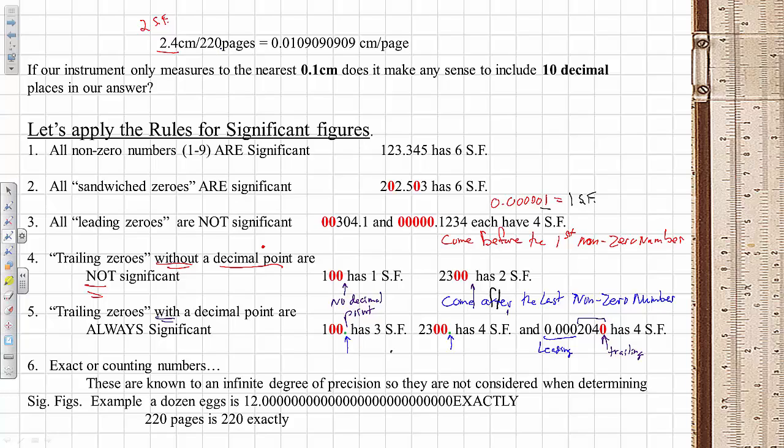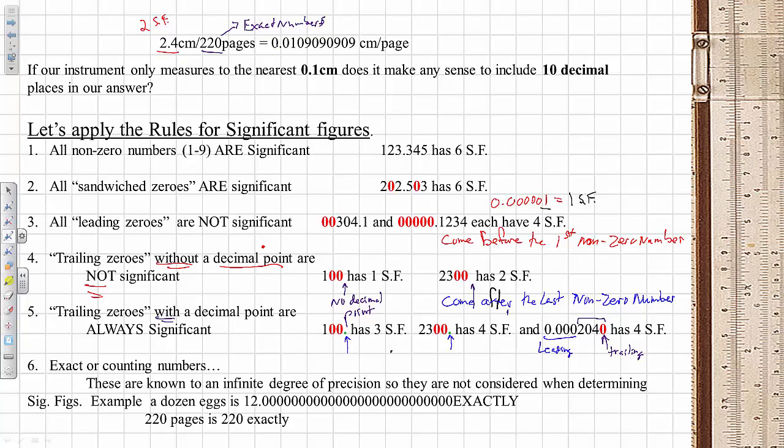There is no decimal point here, now there is a point, but that doesn't matter, because this is an exact number. With exact numbers, you do not need to consider how many sig figs there are, because they're always going to be known to a higher degree of precision, an infinite degree of precision.